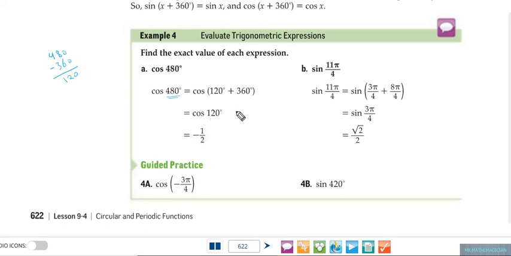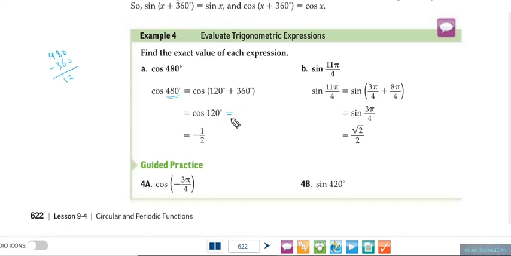But you know that 120 lies in the second quadrant, so it has a reference angle. Does anyone know what the reference angle of 120 is? Yes, excellent, 60.